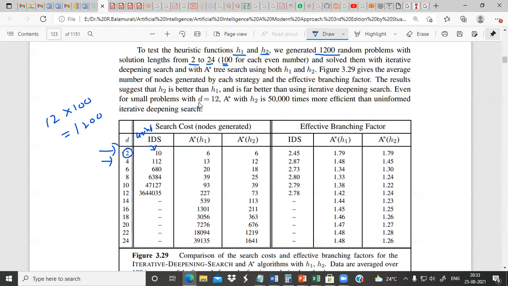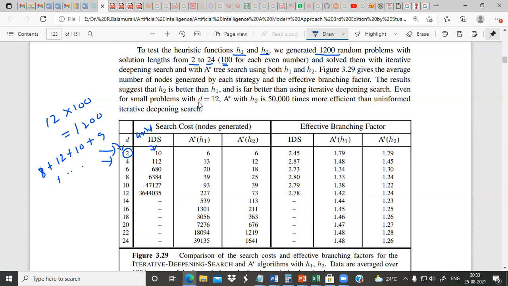Averagely it generated 10 nodes, because at depth 2 we have how many problems? 100 problems. Some problem might have reached the solution at 8 steps, some at the depth of 12, some 10, some 9, and so on, all the 100. When you take an average of that, how many nodes it has generated. Sorry, this is the number of nodes.